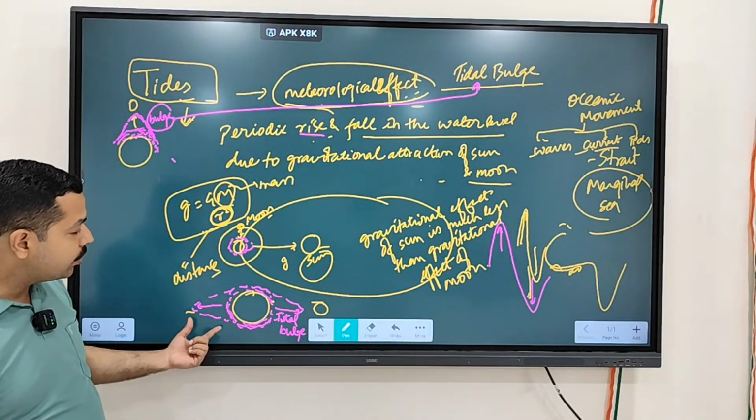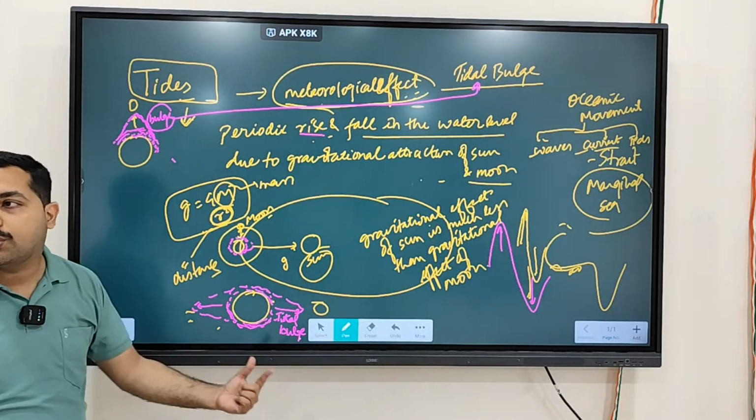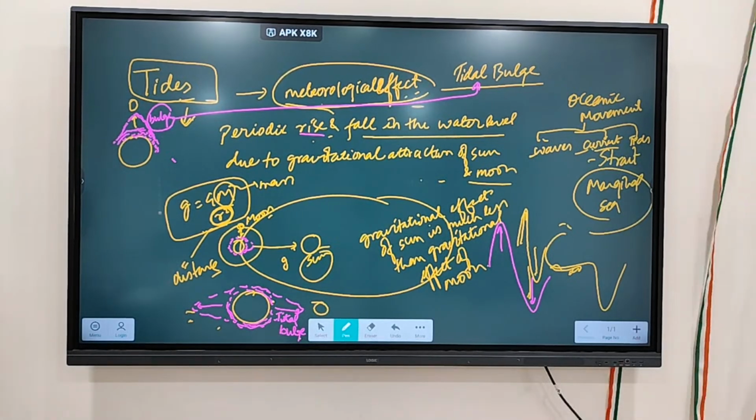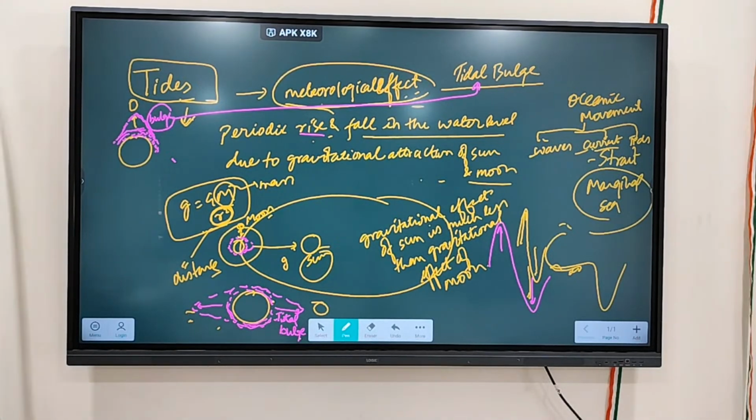So that's why two tidal bulges are being observed. On one side the moon is trying to pull it, on the other side the earth is trying to pull it back. That's why two different tidal bulges are being observed. Fine.